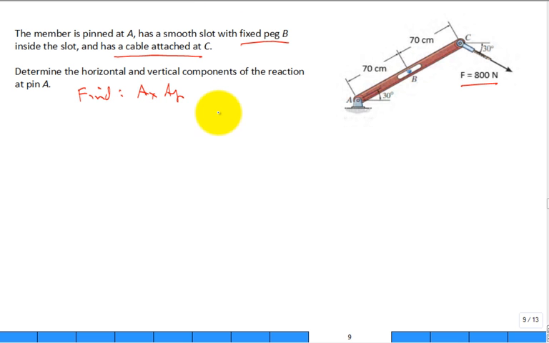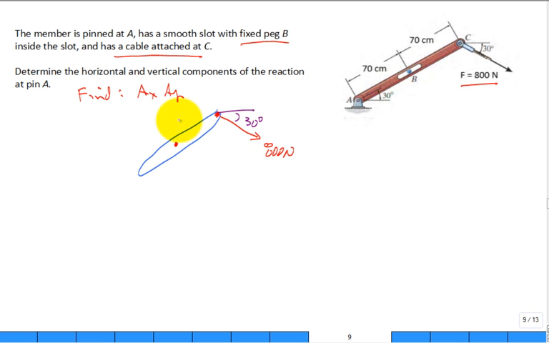So we would draw a free body diagram. We would have something happening because of that pin at B. Up here at C, we'd have a tension force of 800 newtons with the orientation of 30 degrees.